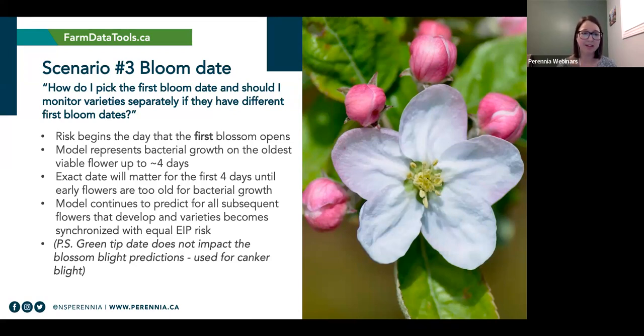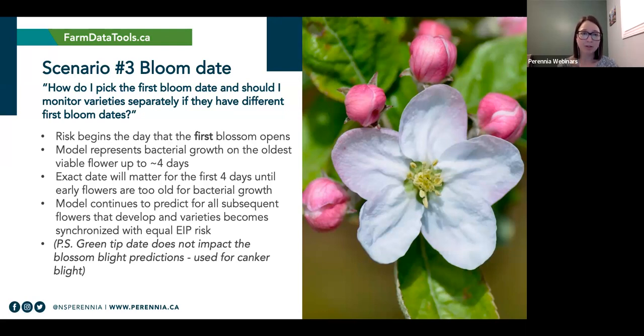And the reason for that is that the model, like I said, represents bacterial growth on flowers up to 4 days old. So if you have continuous bloom, then those varieties are going to become synchronized, and all of those newly opened flowers have equivalent risk of bacterial growth.